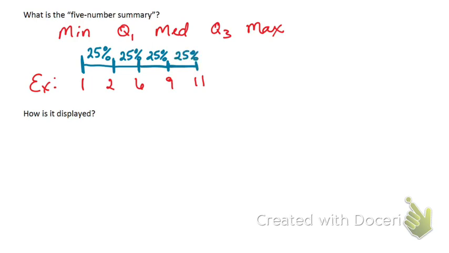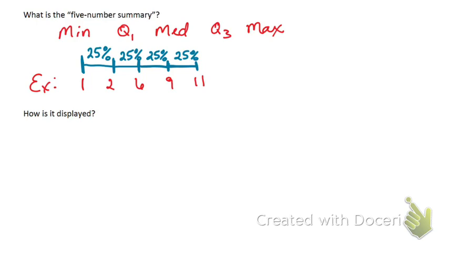That is why they're called quartiles, because there's 4 quarters. Even though there's 5 numbers, it's 4 quarters. So, what percent of the data is less than 6? 50%. What percent of the data is less than 9? 75%. What percent of the data is greater than 2? 75. Very good.